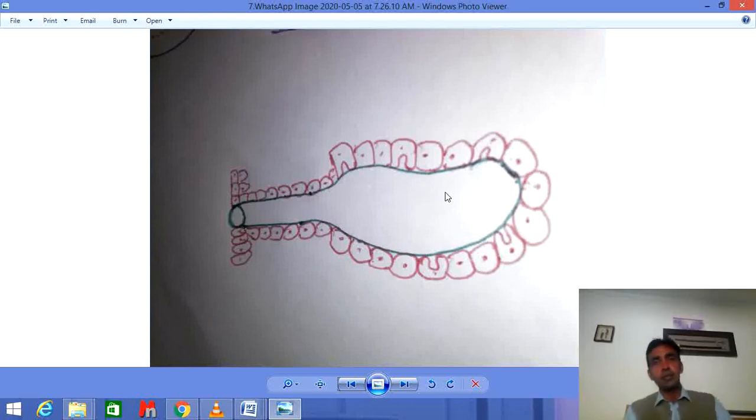This is the gastric lumen, and this is the gastric gland lumen, or gastric gland cavity.